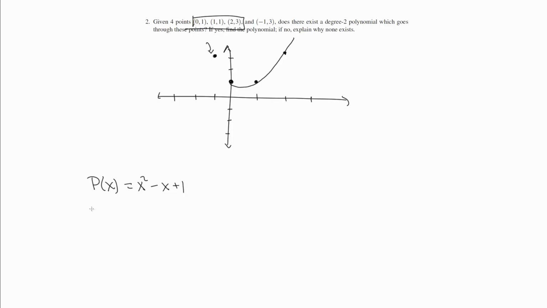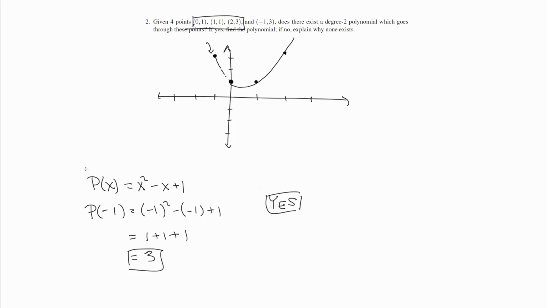To do that, we simply need to evaluate p at negative 1. And we see that p of negative 1 is 3. So it indeed passes through this fourth point. So our answer is yes, and the previous polynomial works.